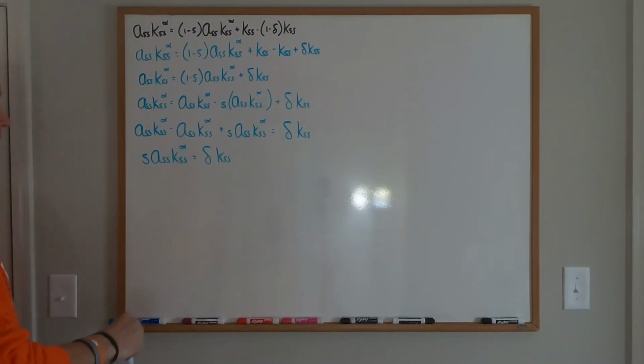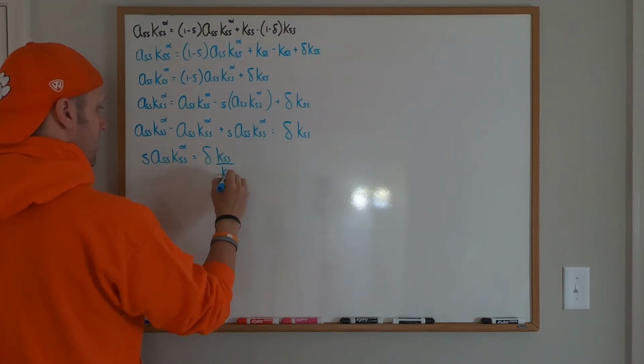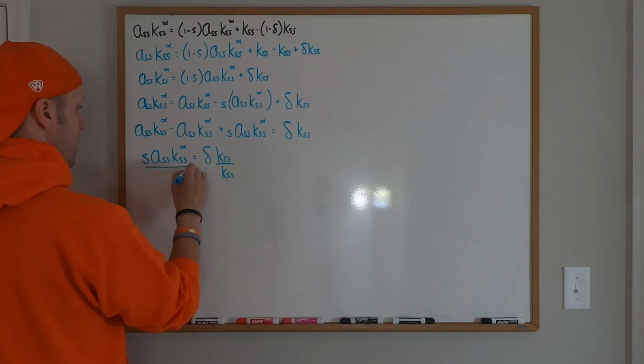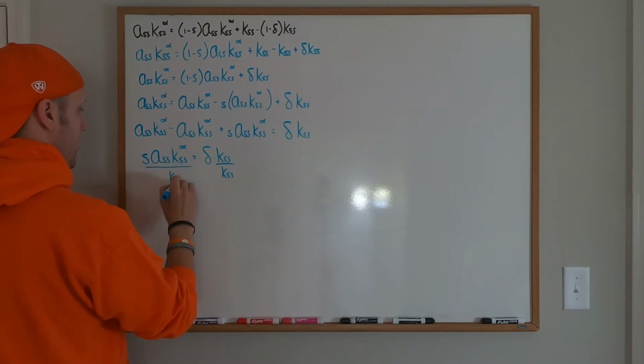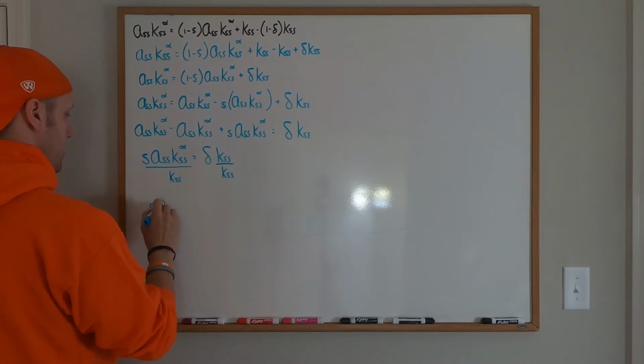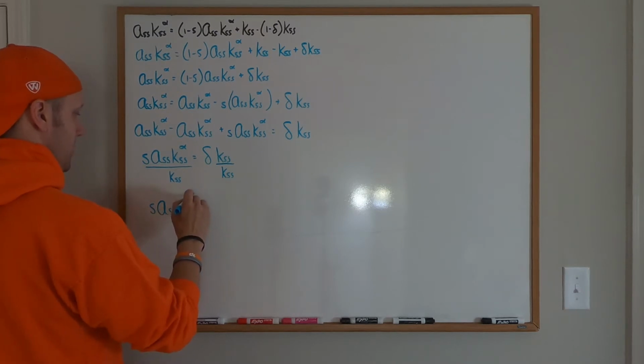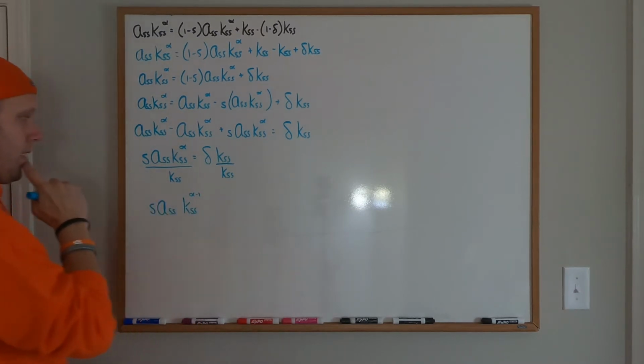Well, let's divide both sides by KSS. What am I going to get? I'm going to get S times ASS times KSS to the alpha minus 1.